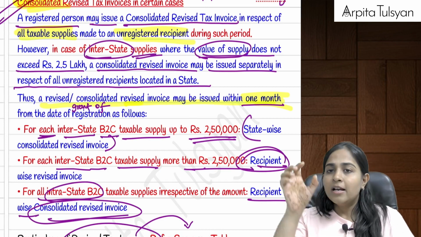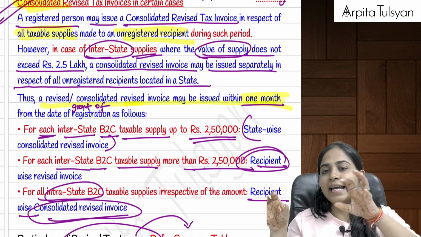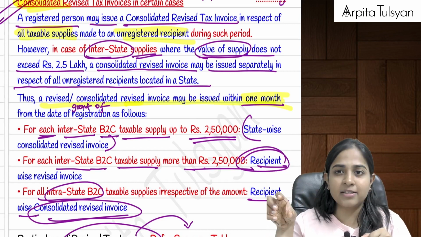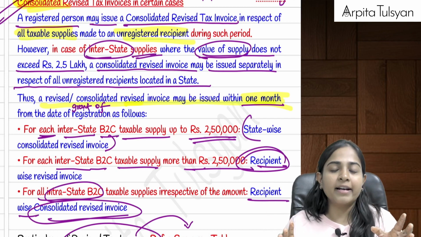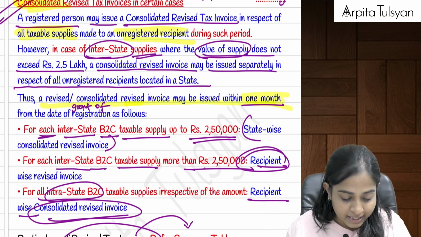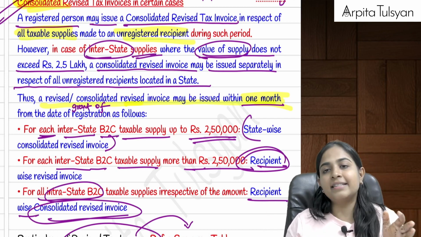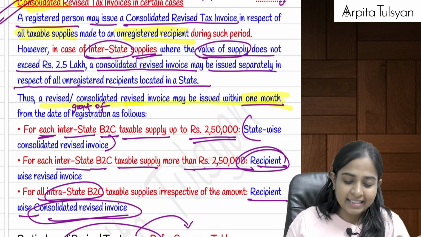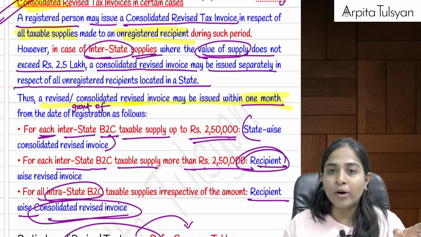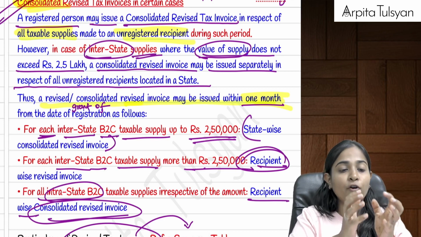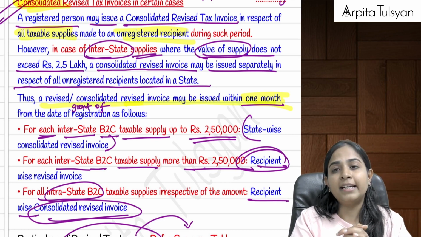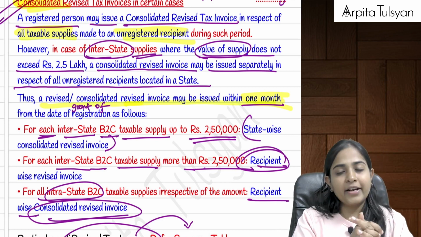So now how will we bifurcate it? In case of supply to a registered person, the consolidated concept is not at all applicable. In case of an unregistered person, the consolidated one is applicable. Even then, if it is an interstate supply where the value does not exceed 2.5 lakh, for one full state, for all the unregistered recipients taken together, you can issue a consolidated revised tax invoice.